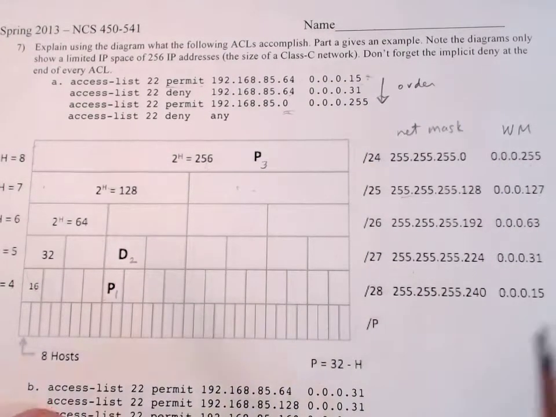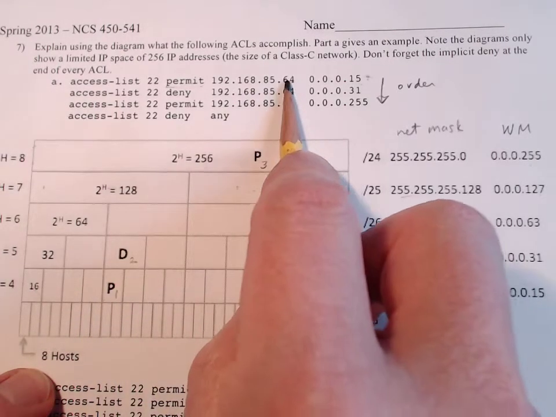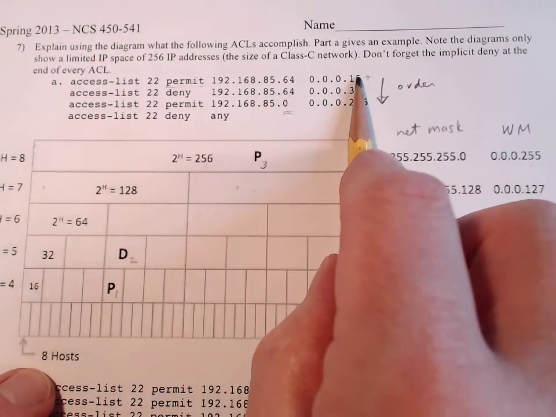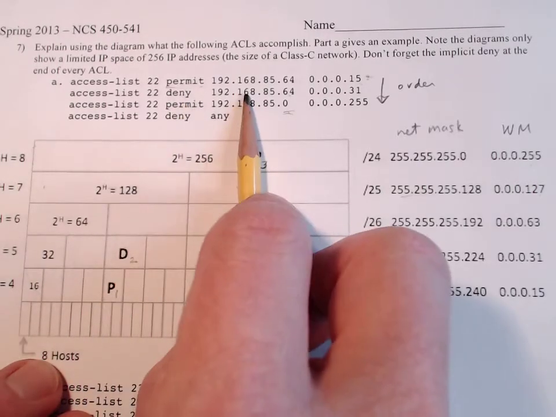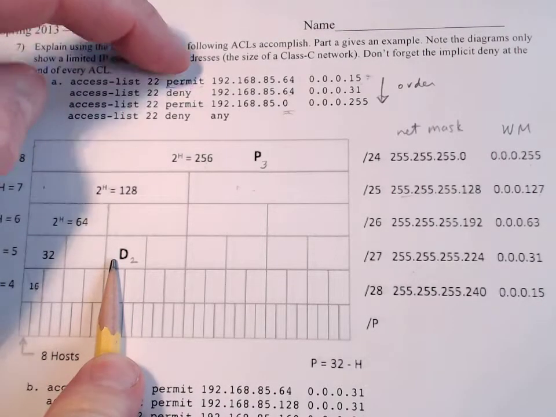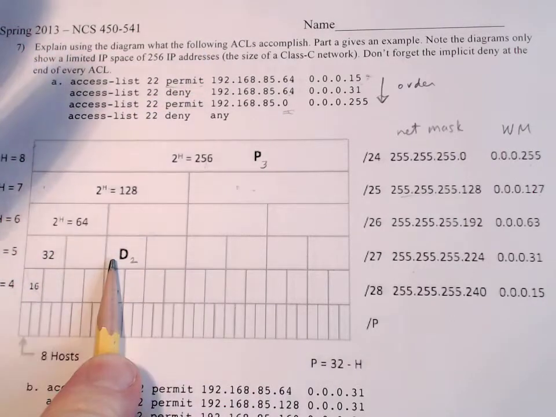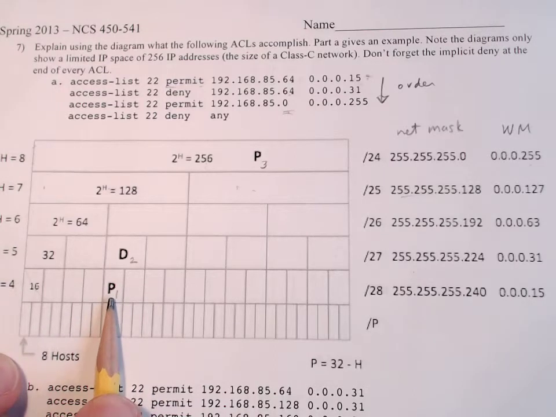For example, if we have an IP address within the range from 64 to 80, 64 plus 16 is 80, it's going to match on this first line, and we're going to permit that packet. Now, if you go to line 2 with the same packet, it's also going to match because it's within that range of IP addresses that are denied. However, it's already been passed. Line 2 has no effect on a packet that matches the first line.